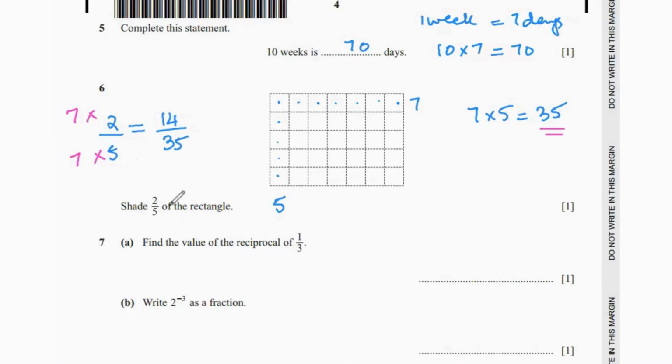So 2/5 is the same as 14/35, which means we need to shade 14 squares. So these are your shaded squares based on the given fraction.